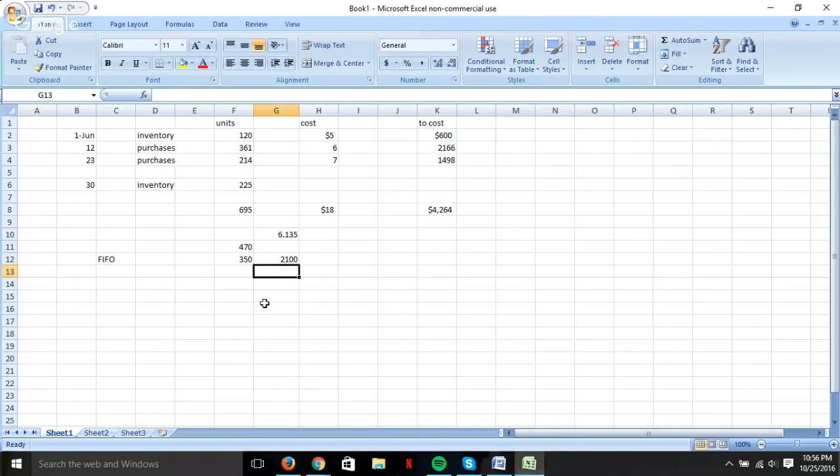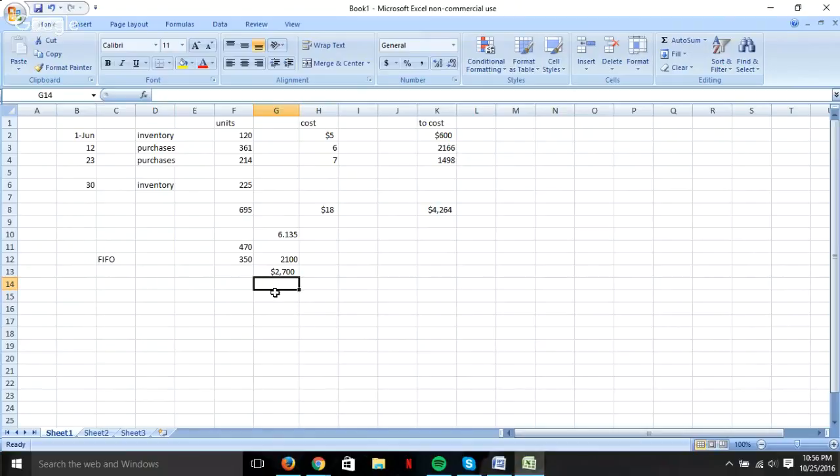We'll add that to the cost from all 120 units that we had from the beginning. And this gives us $2,700. Now this is the cost of goods sold because this is what we actually used. And this is the cost of the 470 units that we solved for earlier.